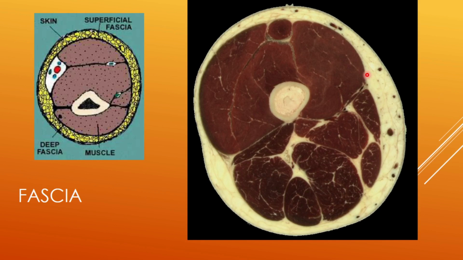And we can see here on this image, this is a transverse section through a thigh. And we can see that there are groups, or individual muscles, separated by all of this thin white stuff. So that's fascia. And I think it's quite obvious that this is anterior here and this is posterior.